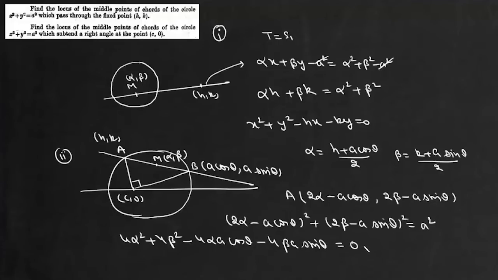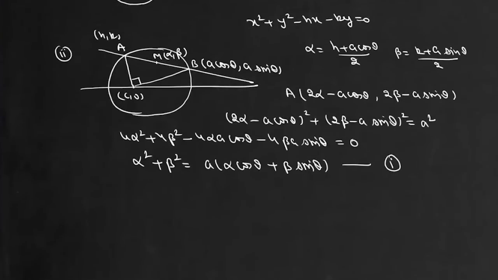So we'll get this as equal to 0. So the condition that we'll get here is alpha square plus beta square will be equal to a alpha cos theta plus beta sin theta, and that's our first equation.